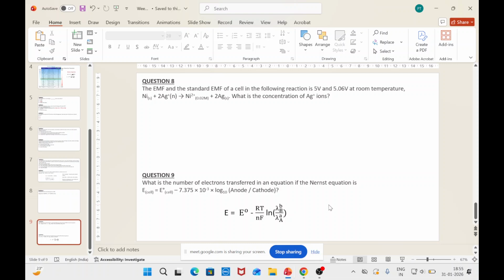T is 298 Kelvin and R is 8.314 joules per Kelvin. R is nothing but the universal gas constant. F is the Faraday's constant, whose value is 96500 coulombs. You have to calculate the value of n.